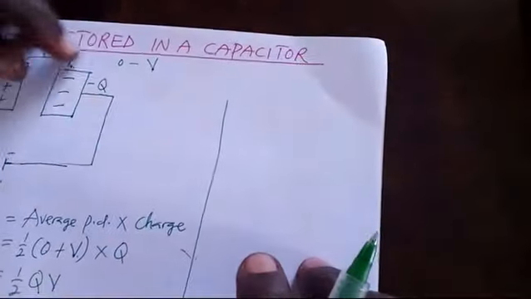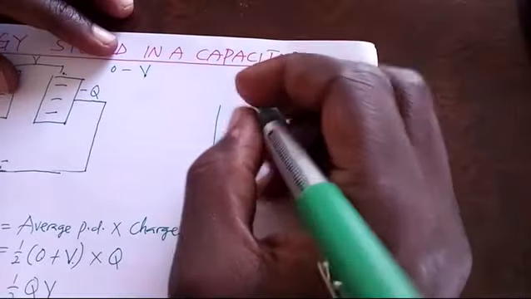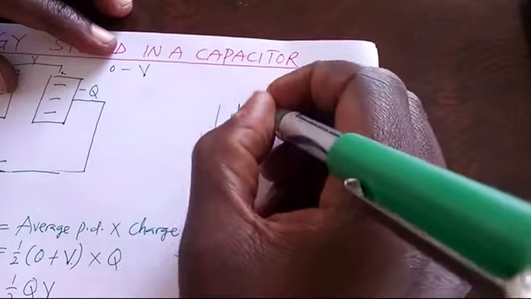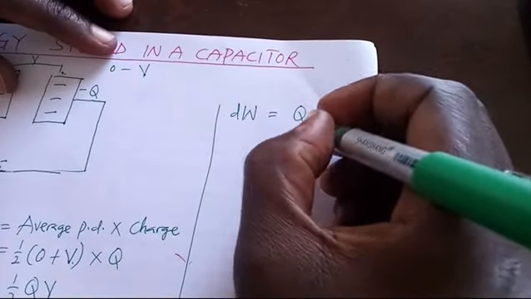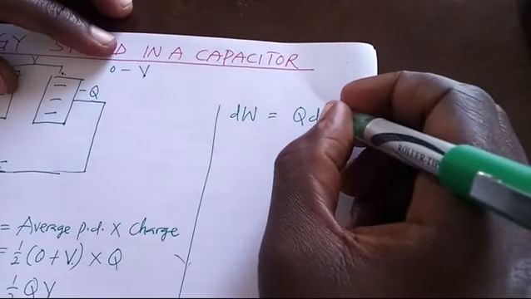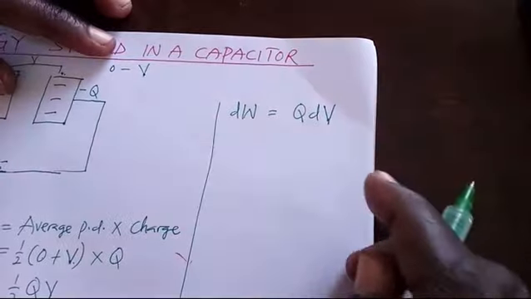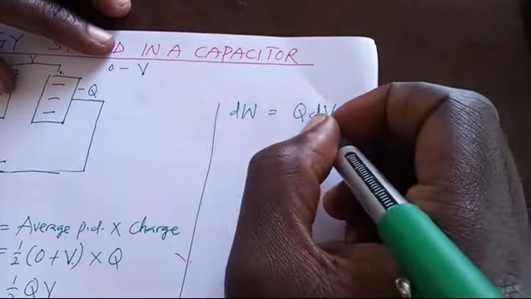You can also derive this using integral calculus. At any point, the work done is given by the charge stored divided by the potential difference at that instant, multiplied by the potential difference at that instant.